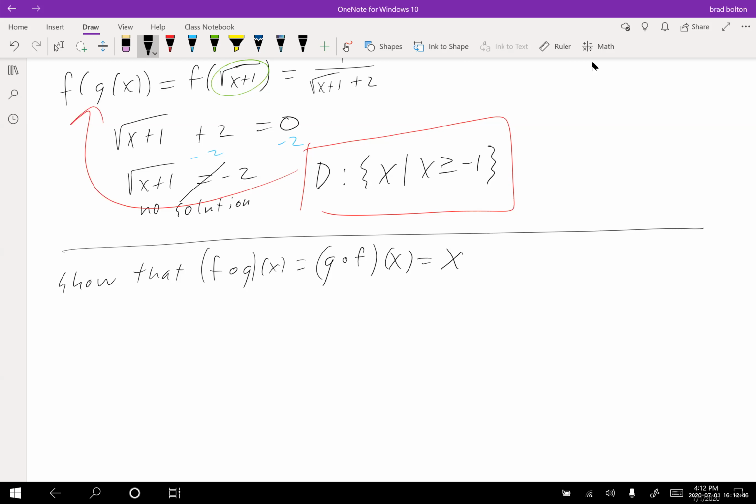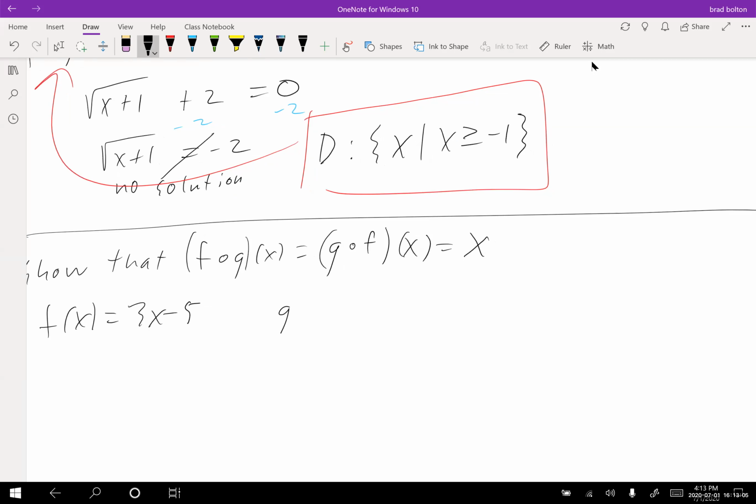So it's kind of good that we're leaving off with this part of it, okay? So let's say that we have f of x is equal to 3x minus 5, and let's say that g of x is equal to x plus 5 over 3, okay?